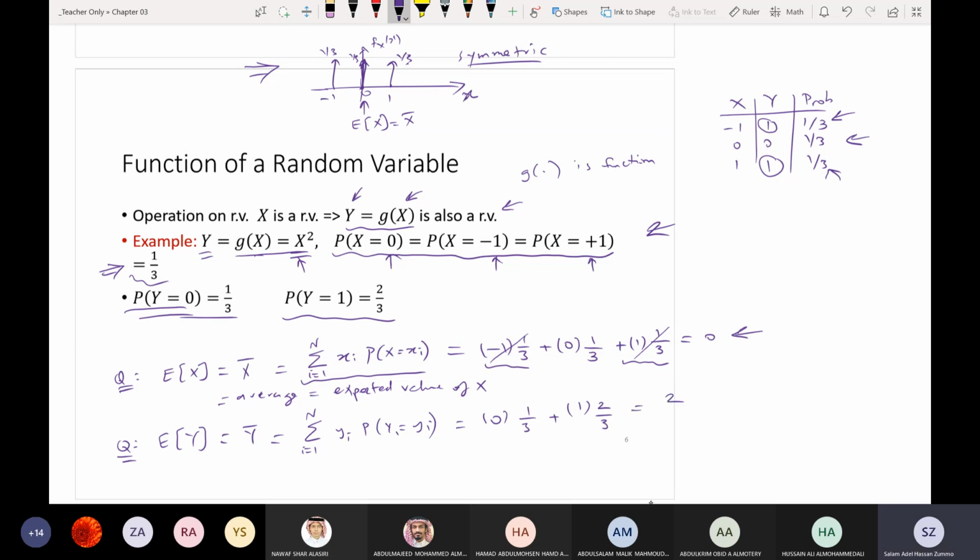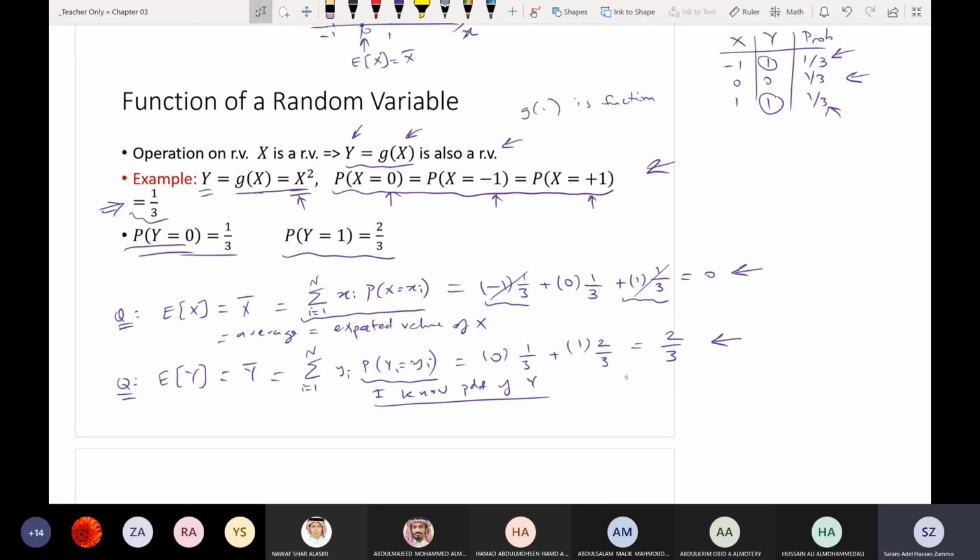Which gives me 2/3. This is one way to calculate this. Why? Because I know the PDF of y. I was able to find it.